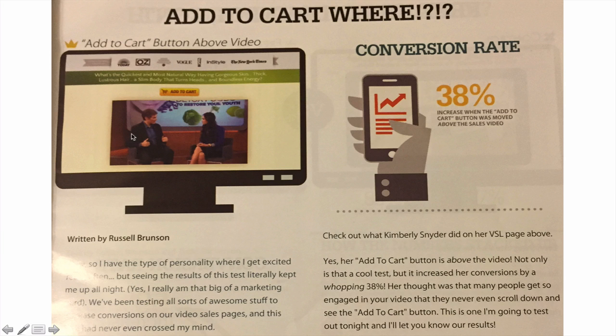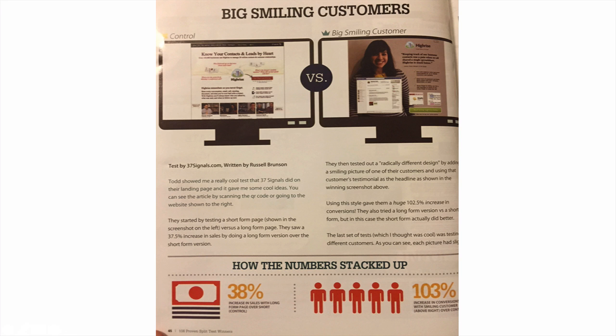Everyone always puts it down below, but the video, I guess, was so good that people weren't scrolling down and clicking the button. So she said, well, what happens if I put it up at the top? Look what happened when she put it up at the top. 38% increase in sales because she switched the spot of her button on her website, which is crazy. Again, this won't necessarily always work for you, but it's just showing you some things that you can test and tweak to see if it works.